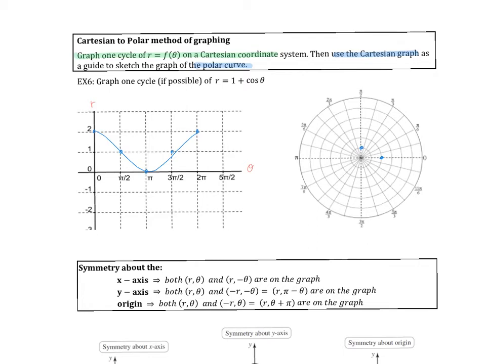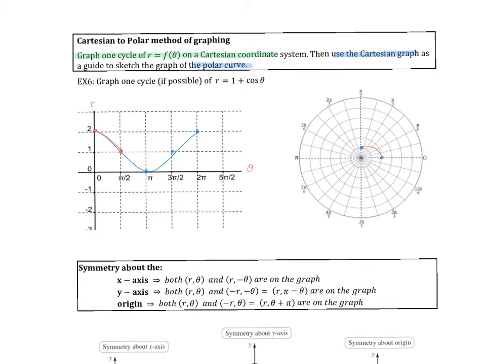If you go back to the Cartesian graph or rectangular graph, you see that r starts at 2. And then as we move to pi over 2, the r values are getting closer and closer to 1. Kind of a sad graph.